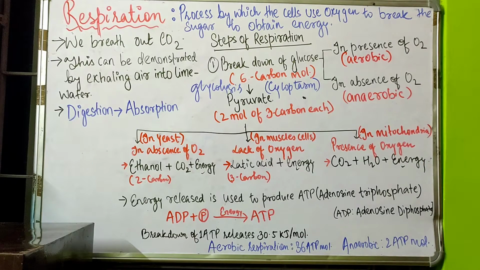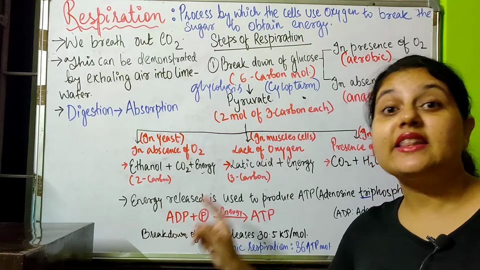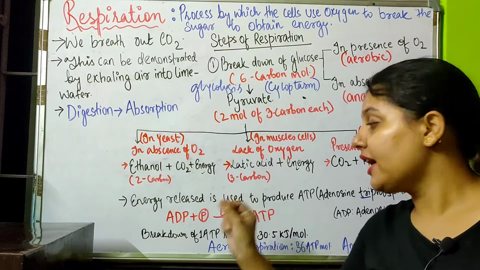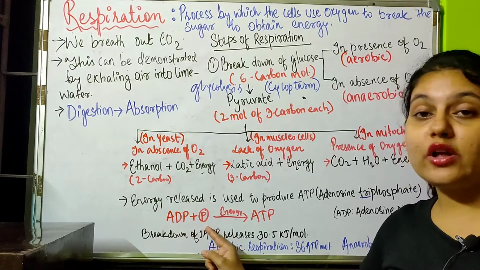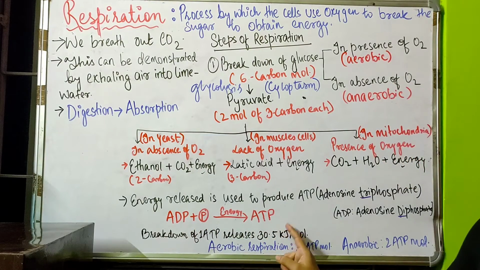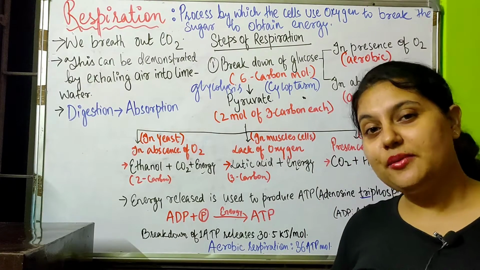You see the name here, it is tri and it is di. When we add 1 phosphate molecule to ADP, that means diphosphate, then we will get triphosphate. Okay, 2 phosphate plus 1 phosphate will give us 3 phosphate. And this is the main energy reservoir in the body.